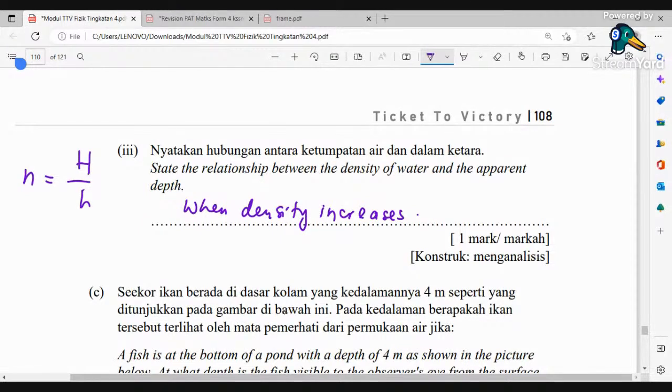Okay, density increase, maksudnya apparent depth decrease. Okay, di sini ya, sebab refractive index depends on density ya. The higher the density, the higher refractive index. The higher the refractive index, the shorter the apparent depth. Okay.